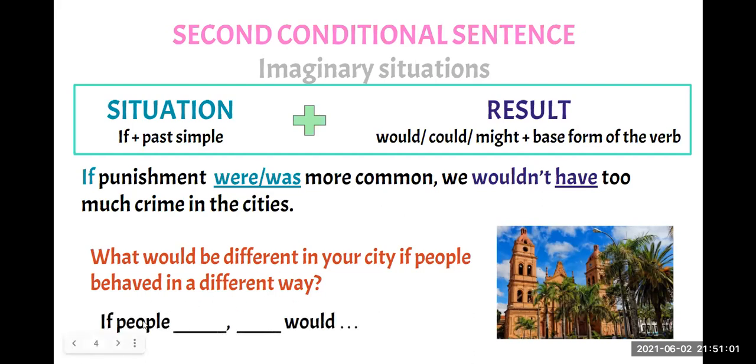You can say, if people, and you can use a verb in the simple past. And here you can write the city, would, and a verb in the base form. Okay, so think about your answer. How can you answer this? What can you say?